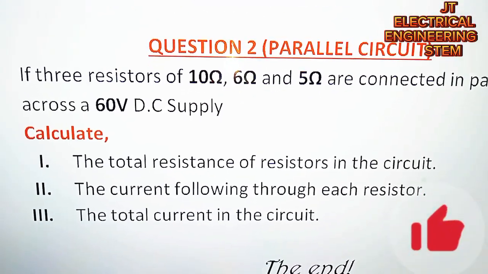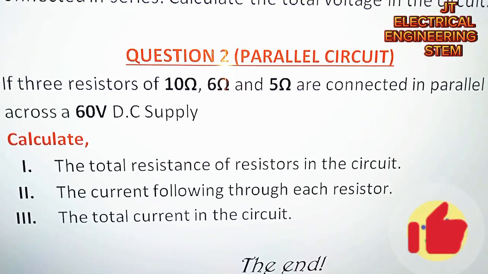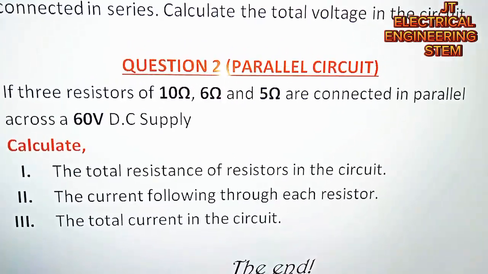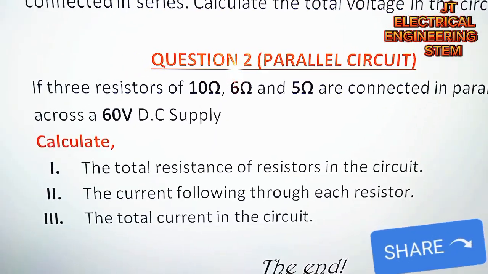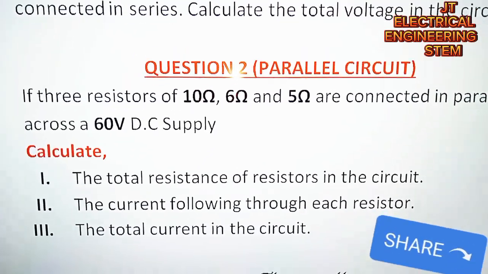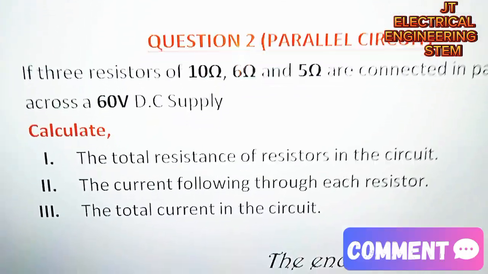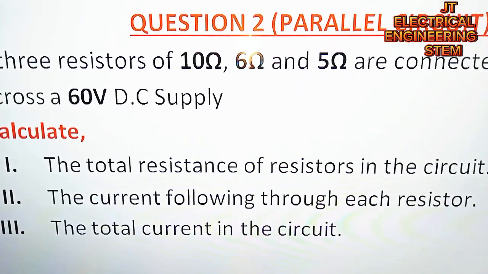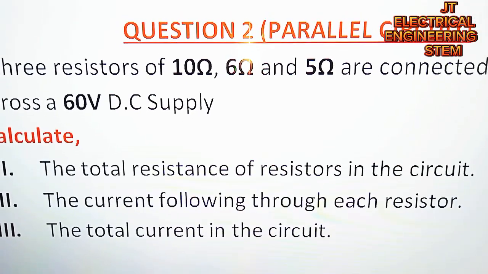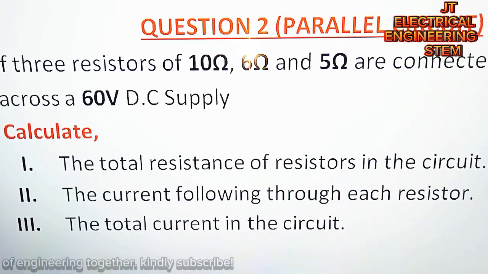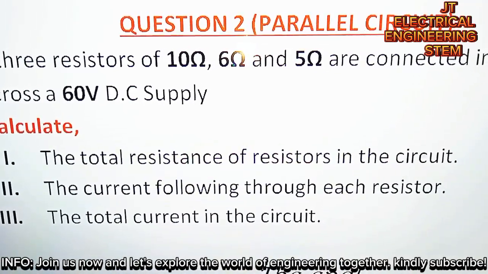If three resistors of 10 ohms, 6 ohms and 5 ohms are connected in parallel across a 60 DC, which means a direct current supply, calculate I, we have here the total resistance of resistors in the circuit, and then II, we have the current flowing through each resistor.